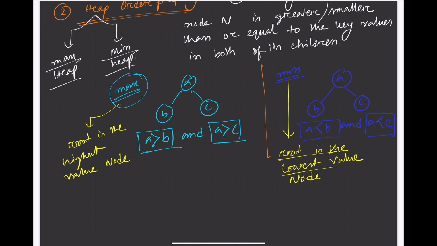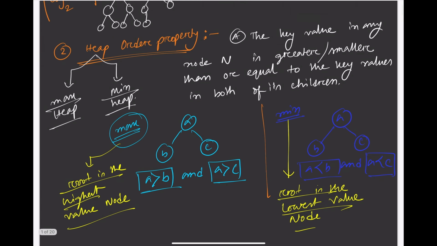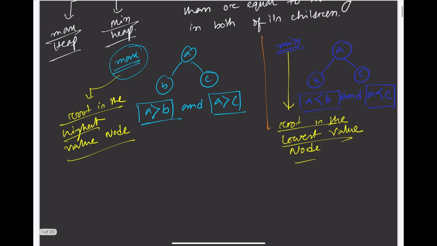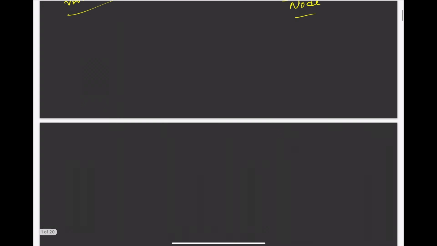That's clear, right? So in the second property we can change greater or smaller based on max heap and min heap. If it is greater than, then obviously it is a max heap. If it is smaller than, then obviously it is a min heap. Now let's take some examples of max heap and some examples of min heap.